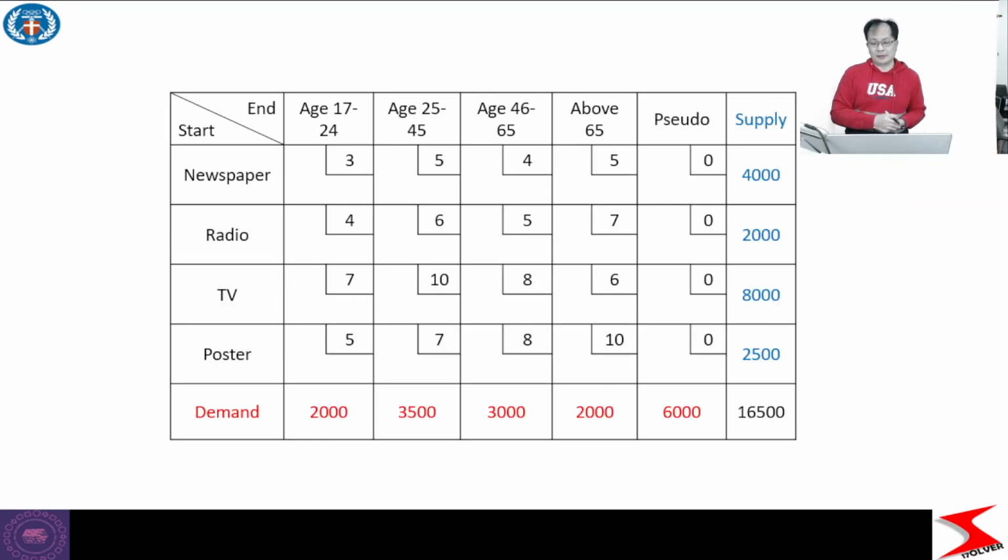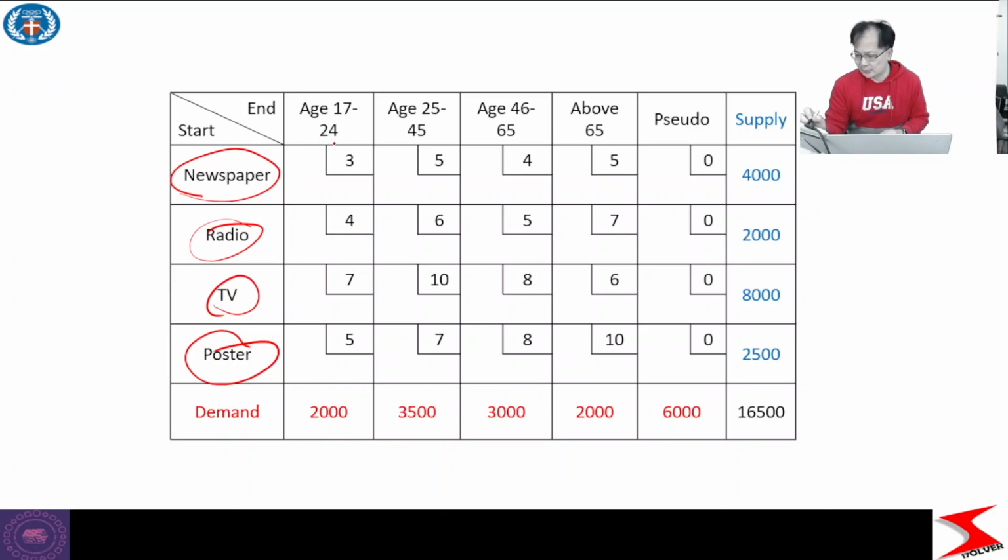We have four different media, which are the start points for the transportation, right? So we have the newspaper, radio, TV, and poster. And each medium needs to reach populations of different ages. So we divide age into different population groups, which are the ends for the transportation problem.